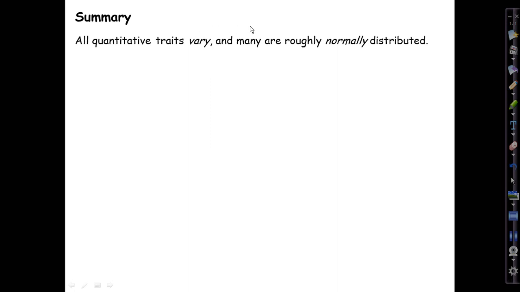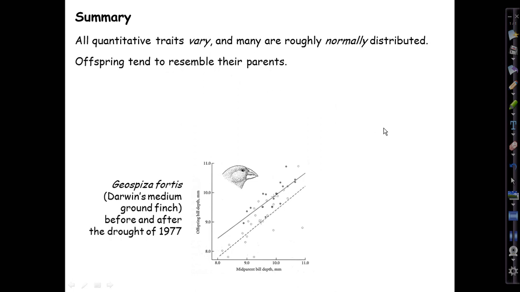And so we do believe that in general outline, this model seems as convincing as it did 100 years ago, in many ways more so, and as we'll emphasize when we get there, raising as many interesting questions still unanswered as it answers. In any event, what we do believe we know is that indeed quantitative traits do vary, and they are always normally distributed, and offspring tend to resemble their parents.